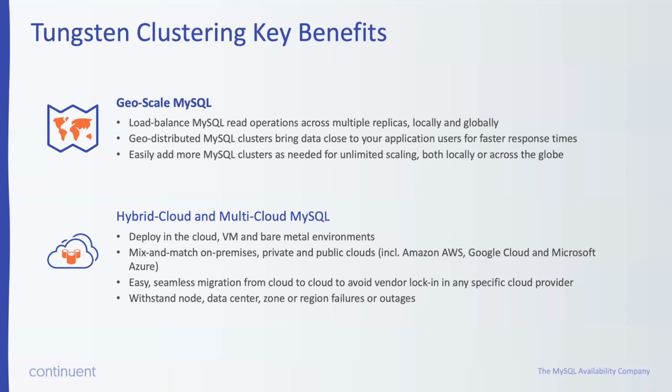Because we are agnostic when it comes to cloud or whatever sort of hardware is underneath, you could deploy in the cloud, you can deploy in VMs, you can deploy on-prem. You can mix and match clusters as well. You can have a geo-deployed cluster with one site, say in Amazon, one site in Google Cloud, and another site on-prem.